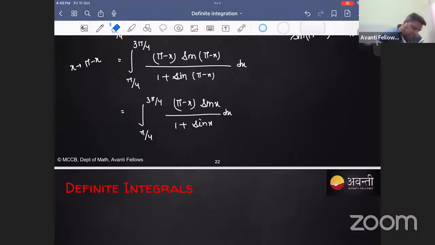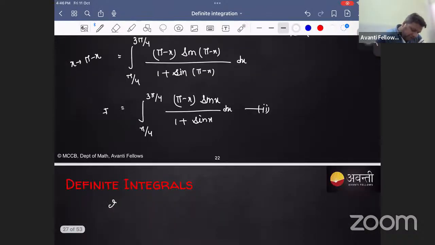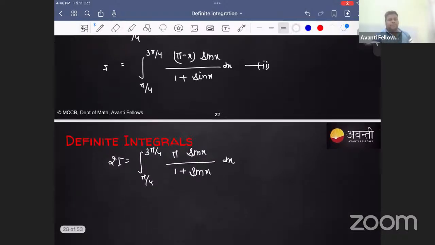Let's add both of them. This is first equation. This is second equation. So 2I will be what? 2I will be integration pi by 4 to 3 pi by 4 pi sin x upon 1 plus sin x dx. Got this?